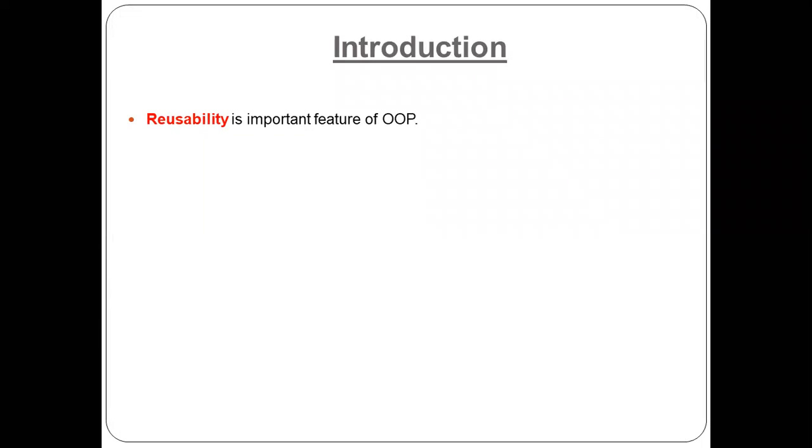Okay. Now, first and most important, I think you have already done this part, but still I want to revise it. Reusability is an important feature of object-oriented programming. So what to reuse, or why is reusability required?